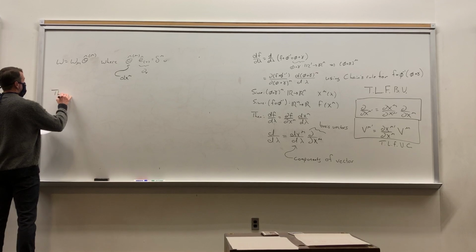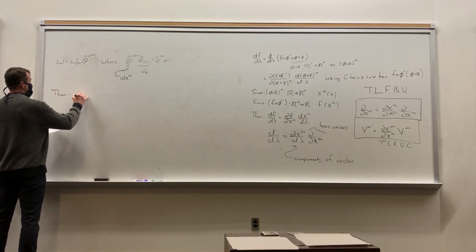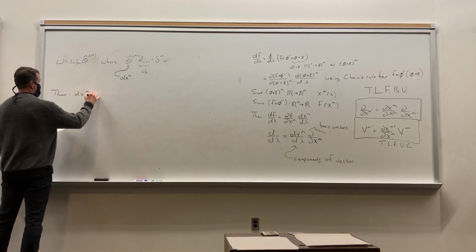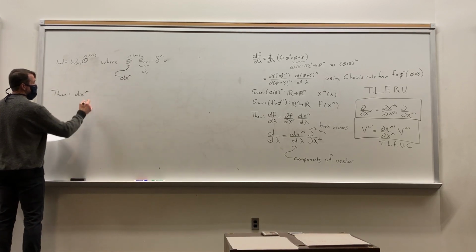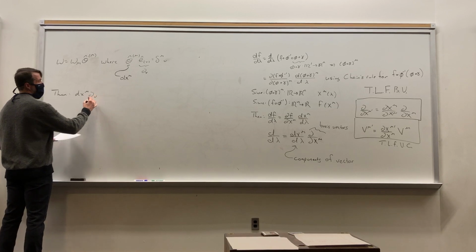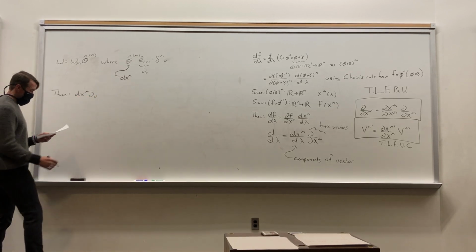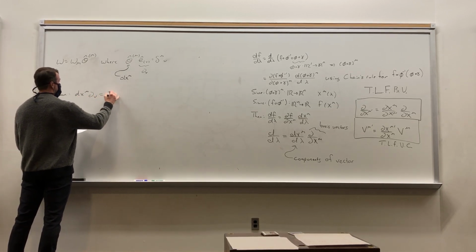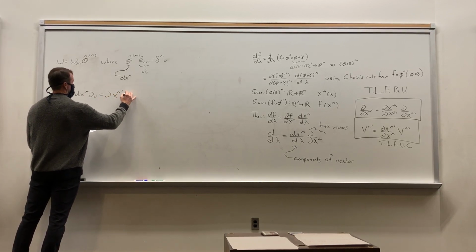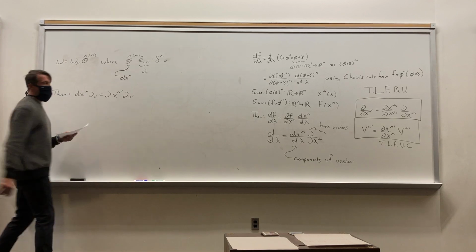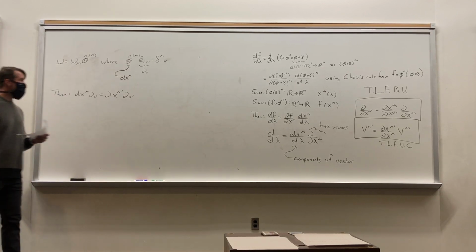Then what we have is that dx mu, partial nu, this is a basis dual vector eating a basis vector, should give me the same thing if I transform the coordinates.